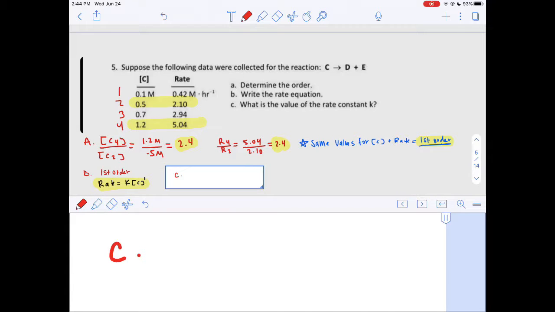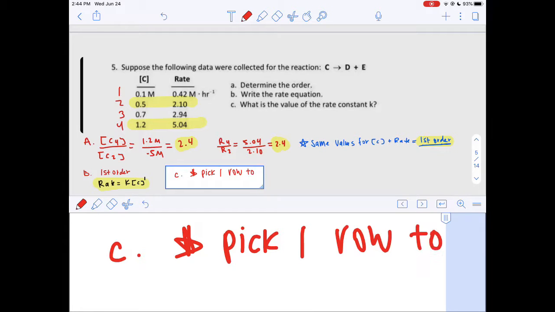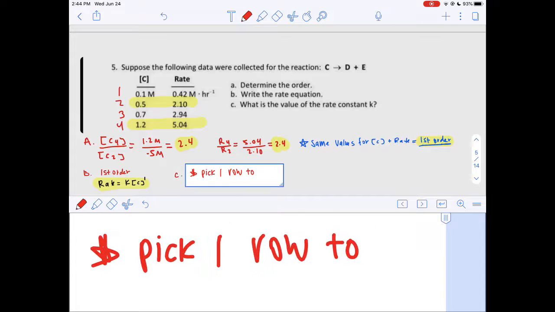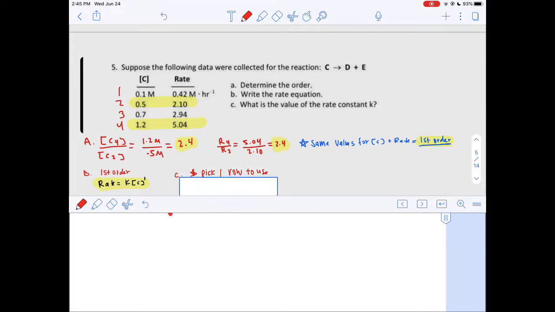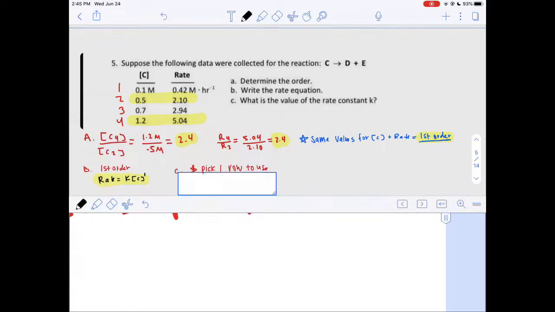What is the value of the rate constant k? So now she wants us to put a numerical value to k, since we already have all the numerical values for concentrations of C and the rates. So what you're going to do is pick one row to use. Could be any row, but I'm going to use row number 2. So I'm just going to write that down over here so I don't forget.